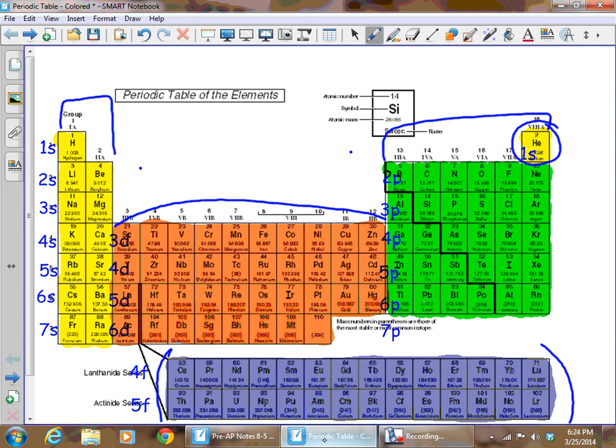elements. And what that means is that the last electrons in those atoms are in that particular kind of sublevel. For instance, if we're looking at sulfur here, the last electron in sulfur would be in a P sublevel, specifically the 3P sublevel.